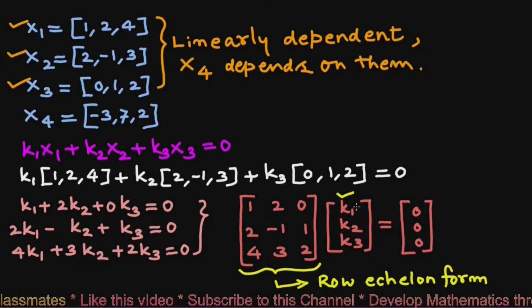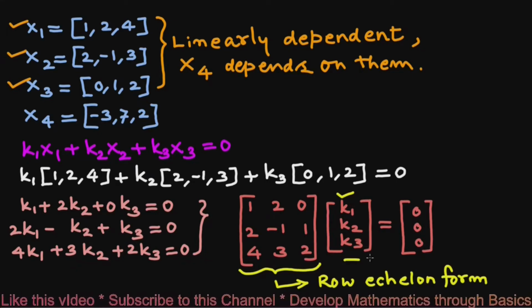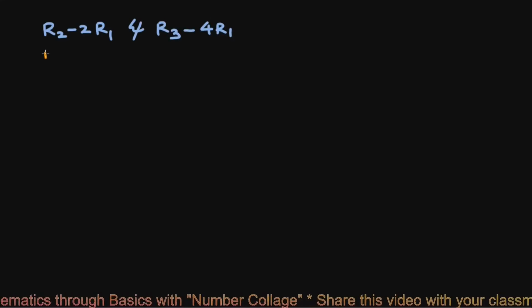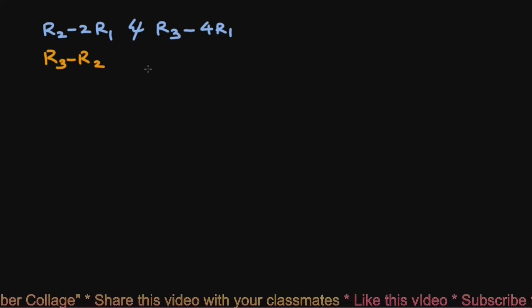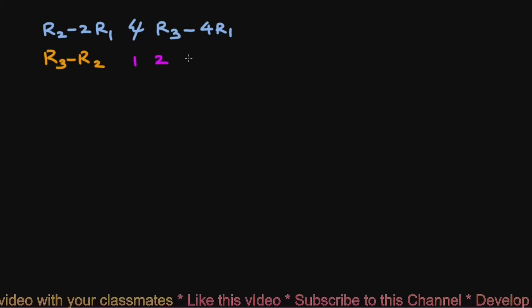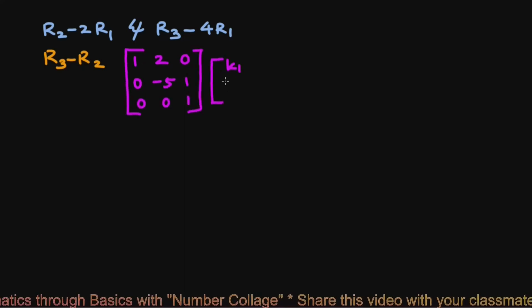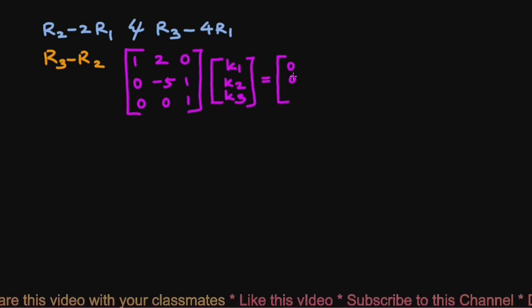Viewers are requested to apply the row transformations R2 minus 2R1 and R3 minus 4R1, and after that R3 minus R2 to get the row echelon form as [1, 2, 0; 0, -5, 1; 0, 0, 1] into (k1, k2, k3) equals (0, 0, 0).